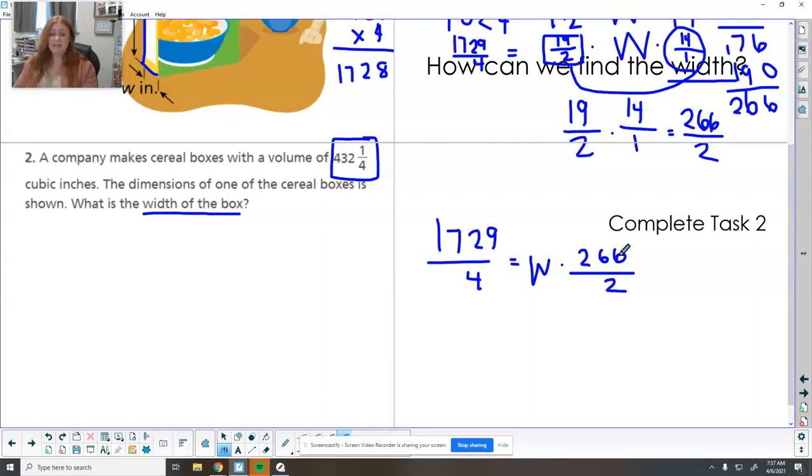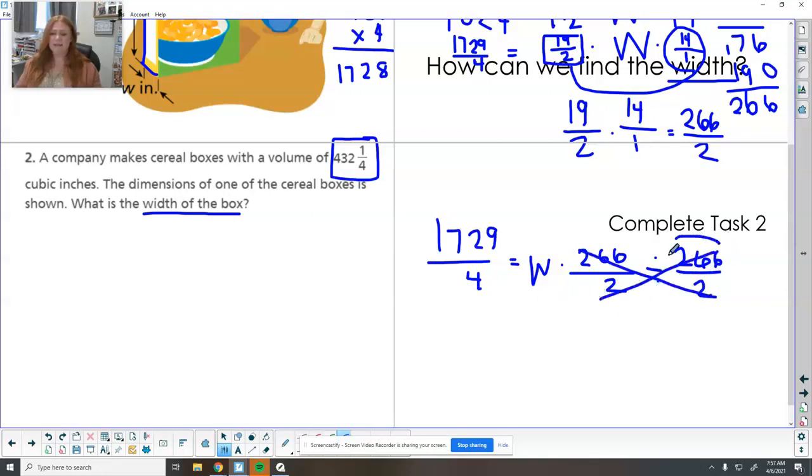So we need to get this to the other side here. So the opposite of times is to divide. So we're going to divide by 266 over 2, which cancels this out to a 1.